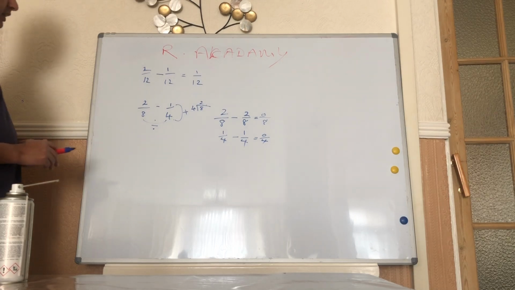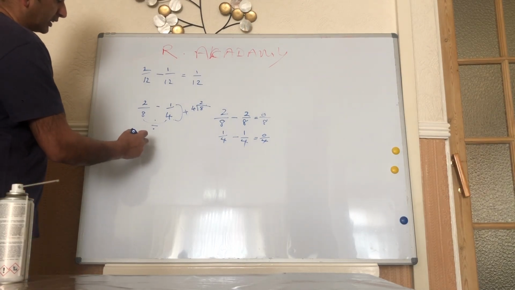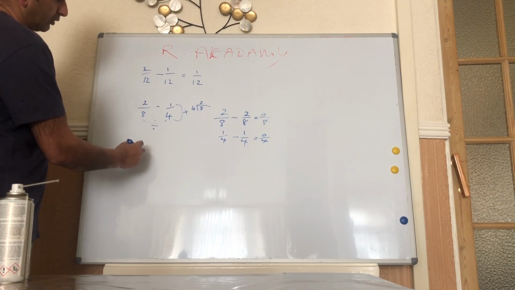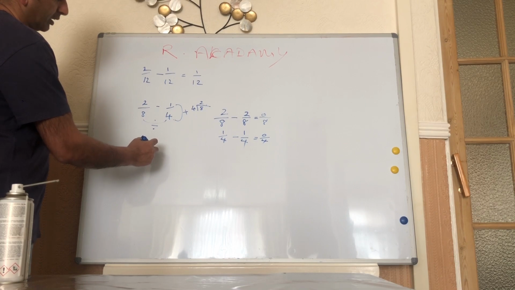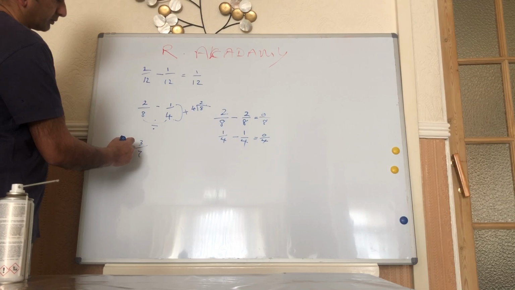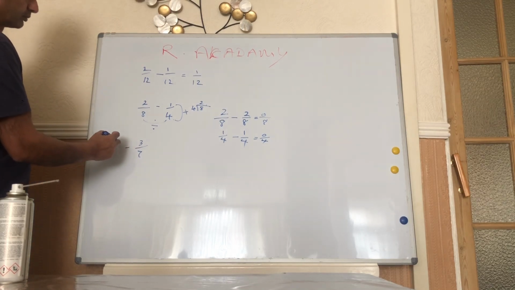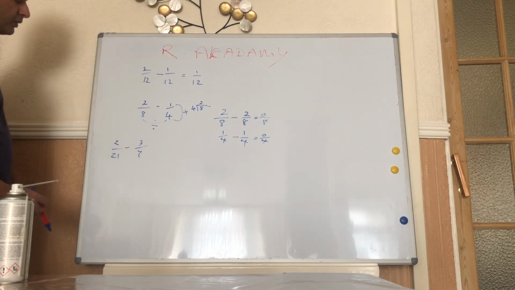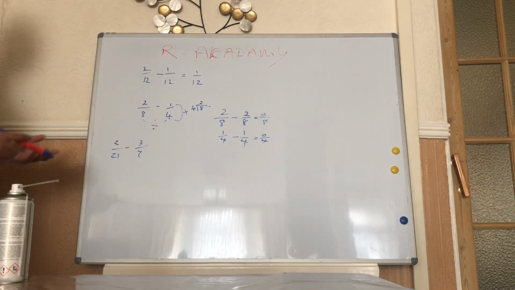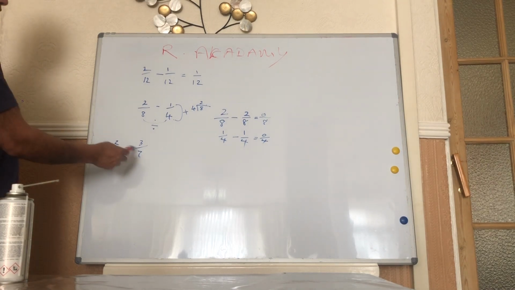Okay? I think odd figures usually, something like 3 over 7, and then minus from, say, 2 over 21, where you've got a common, you'd have to make that into a larger number, otherwise it ain't going to work.